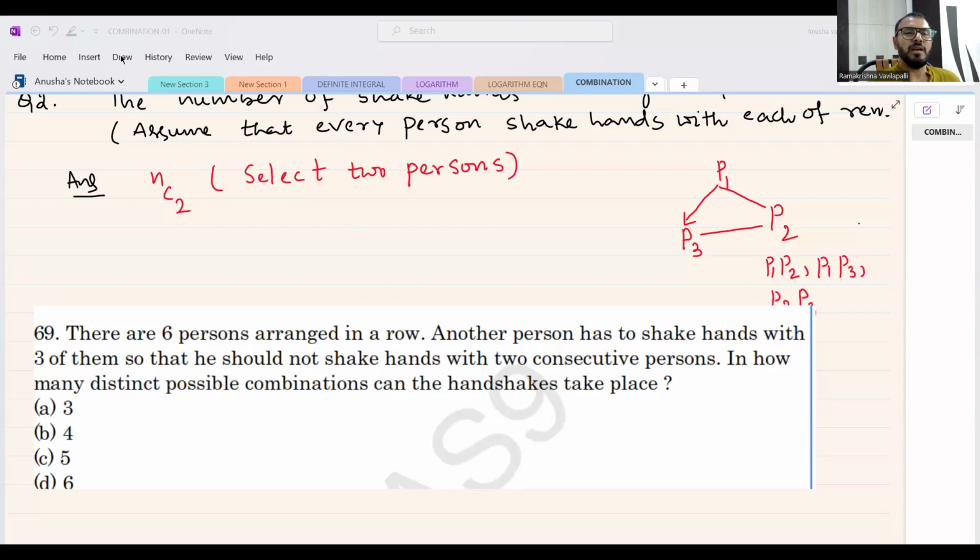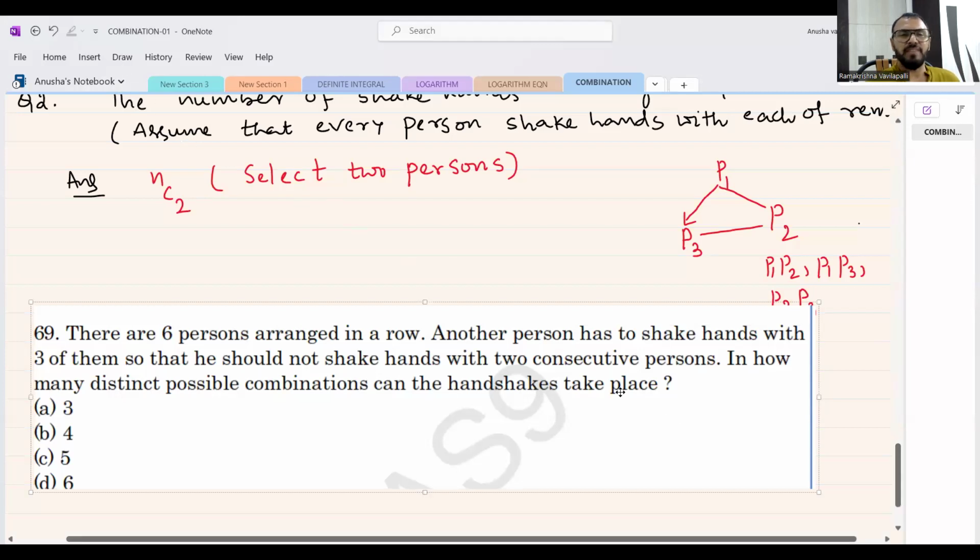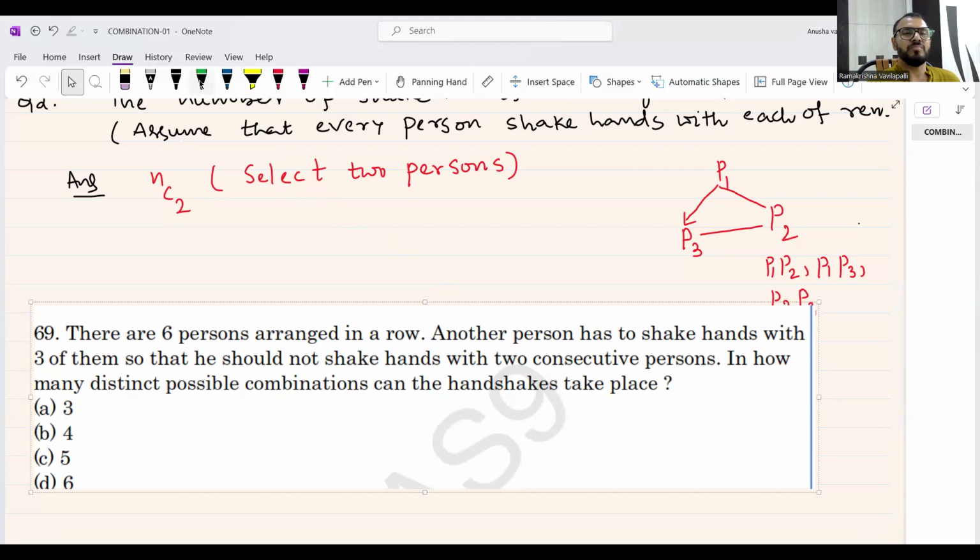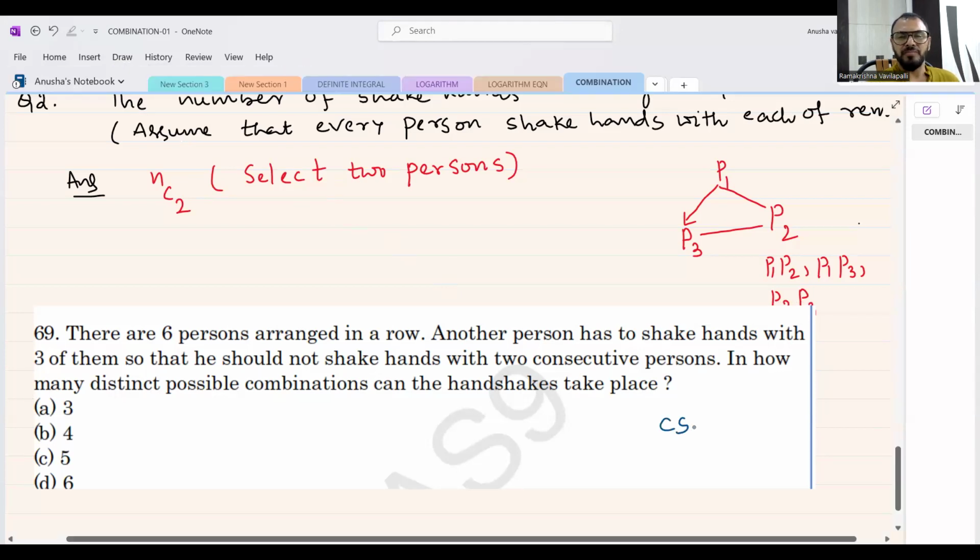Here is a question of CSAT 2021. There are 6 persons arranged in a row.